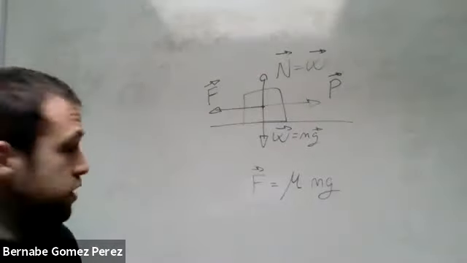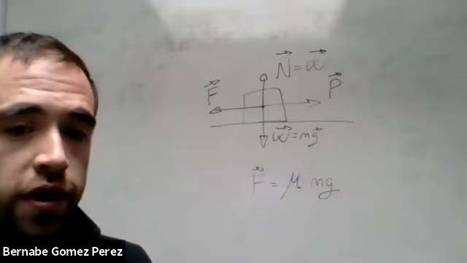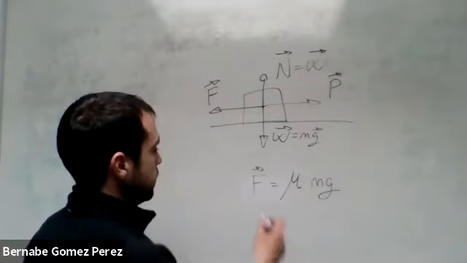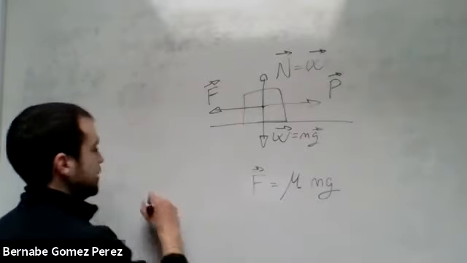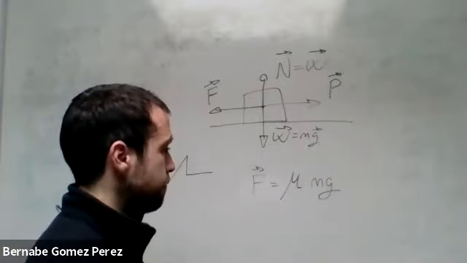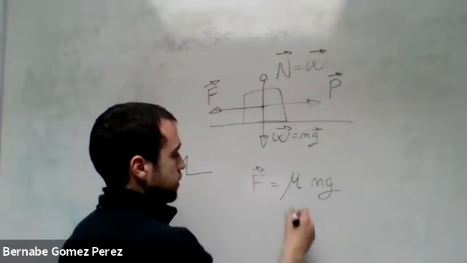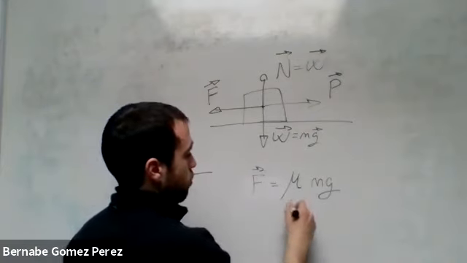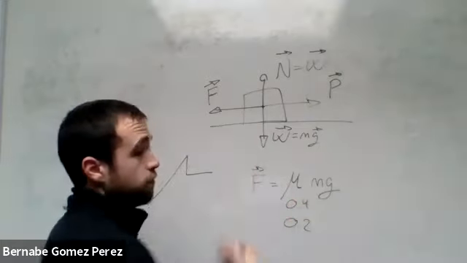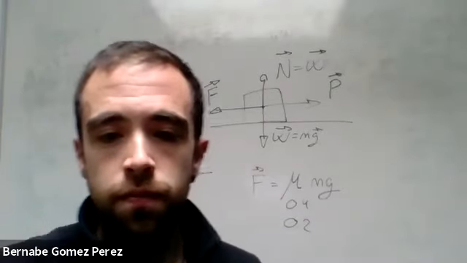Okay, so this would be the force that we would need to start movement. After we start moving, this friction force, we have seen that drops. That's why we have a smaller kinetic friction coefficient, okay? Which, in the case of static friction, is 0.4. In the case of kinetic friction, is 0.2. So the friction force after it starts moving is lower, okay?